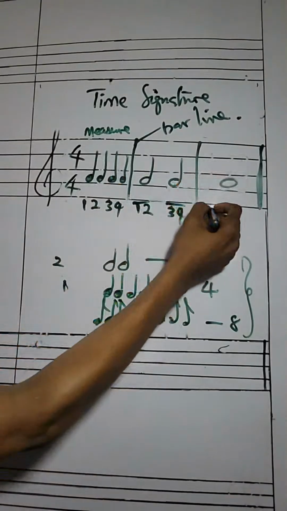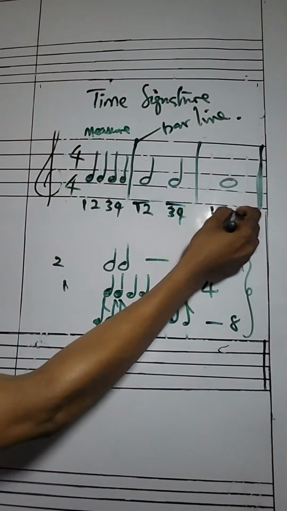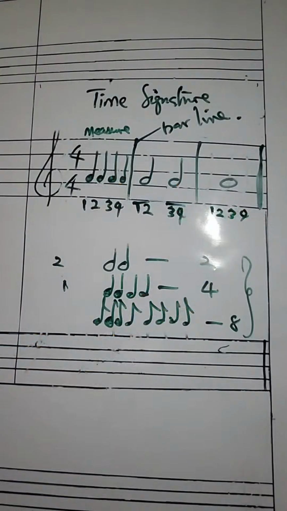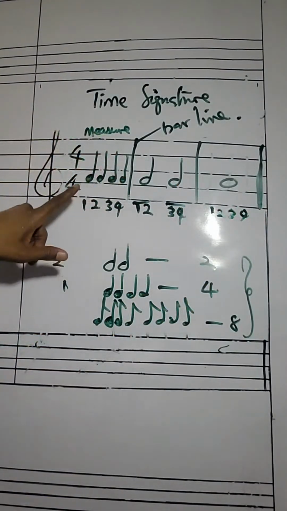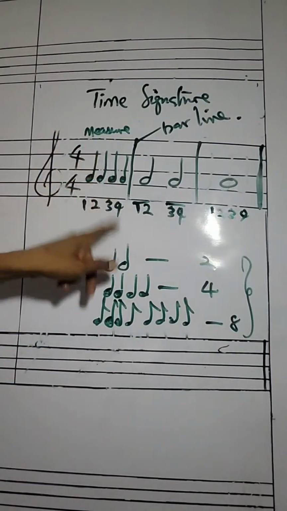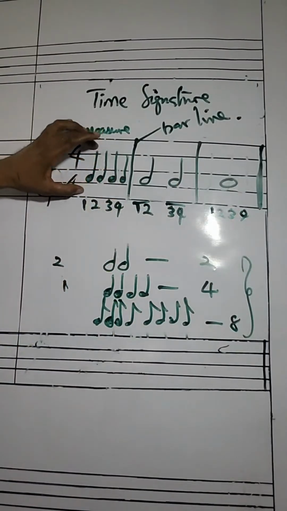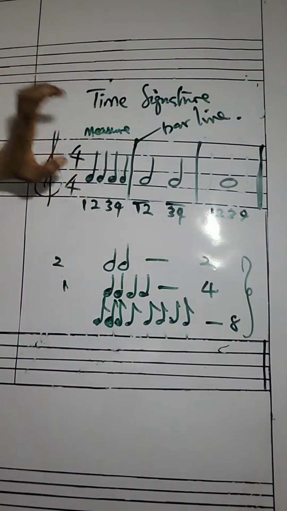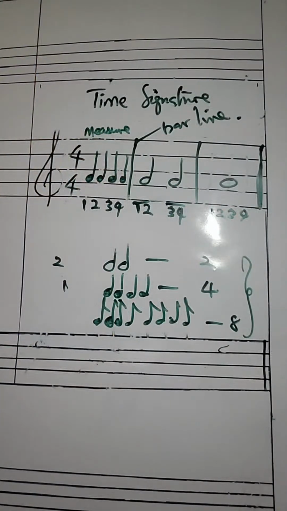This one alone is taking 1, 2, 3, 4. So there are 4 beats in a bar. Don't forget that what is taking one count is your quarter notes. So your quarter note takes one count.